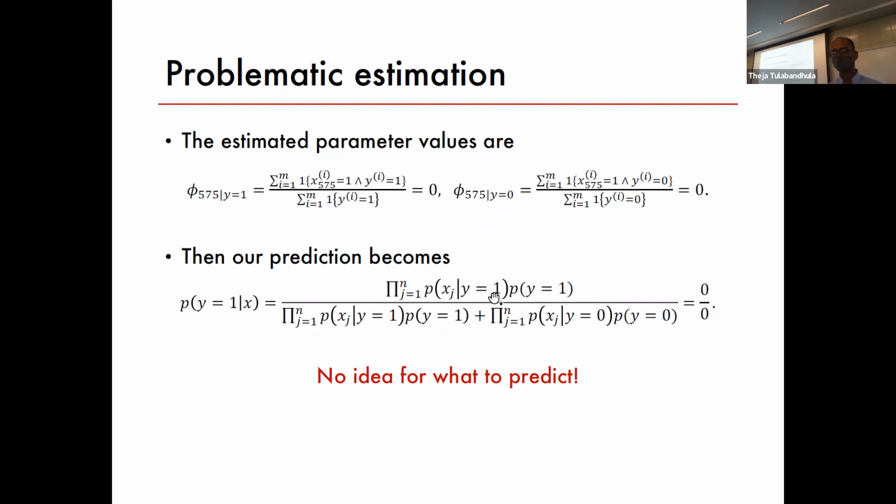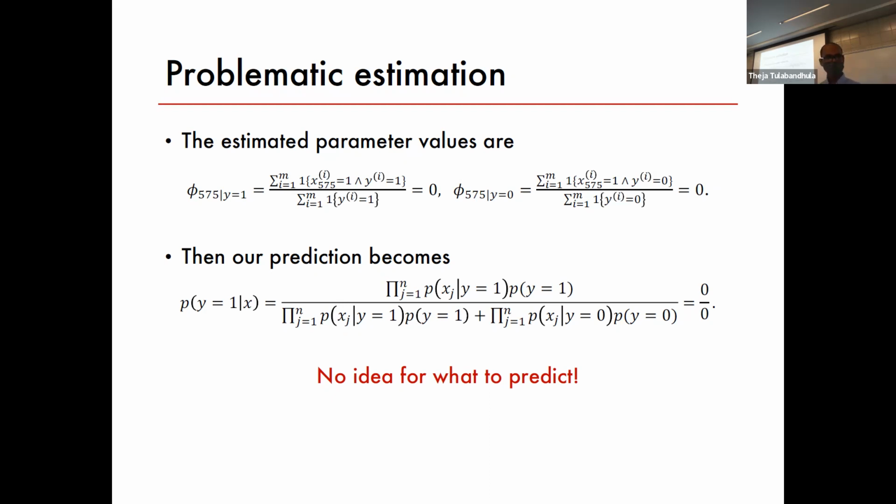One of the terms is 0, so the numerator will be 0. Similarly, the denominator is a very similar thing, the same term for the opposite class. So both numerator and denominator will evaluate to 0. The prediction for class equal to 1, and similarly the prediction for class equal to 0, will also be 0 by 0. So it leads to some edge cases.